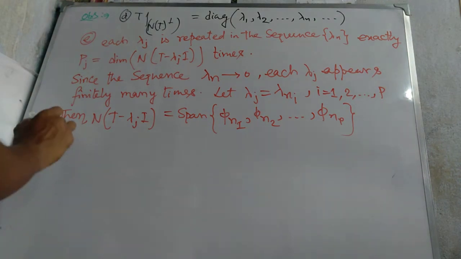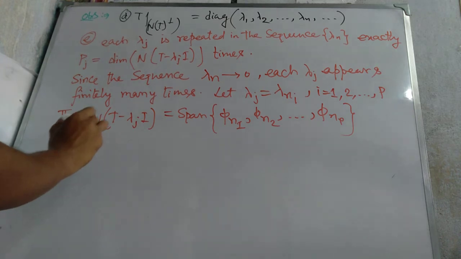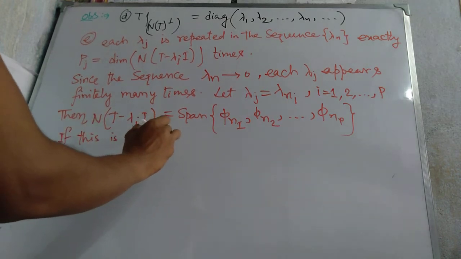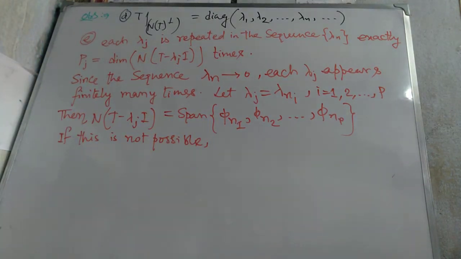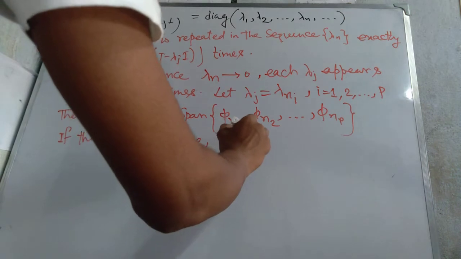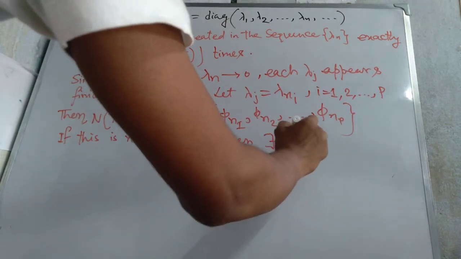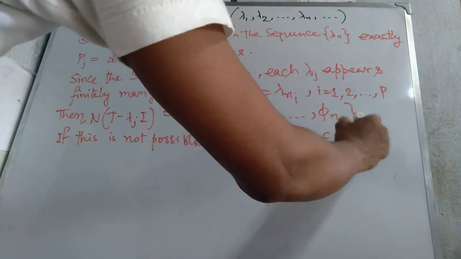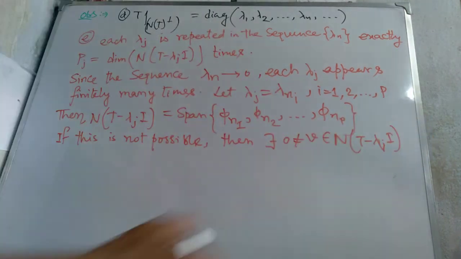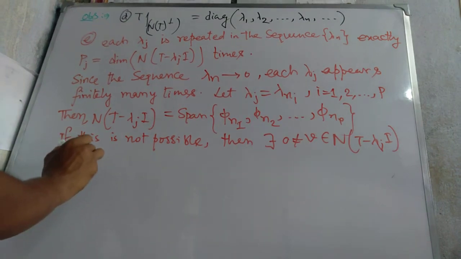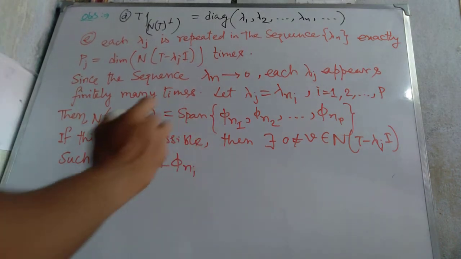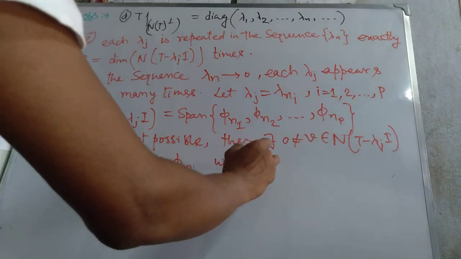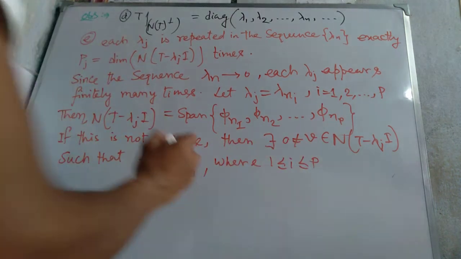If this is not possible, that means the null space is not equal to this span, then there exists v not equal to 0 in N(T minus lambda_j I) such that v is perpendicular to phi_{n_i} for 1 less than or equal to i less than or equal to p.